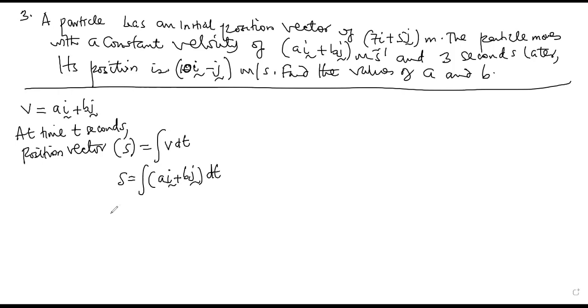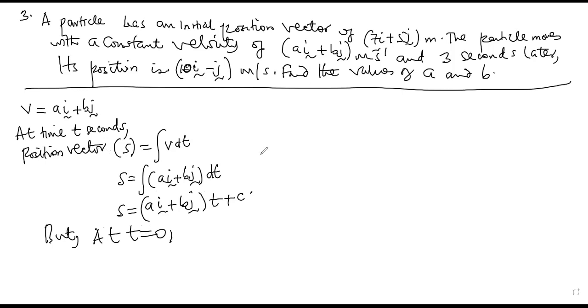which is going to be, when you integrate ai with respect to t, you will have ait. So I can say (ai plus bj) t, since all of them will have t, plus a constant c. But at t equals 0, when time was equal to 0, they say that the particle has initial position of 7i plus 5j.